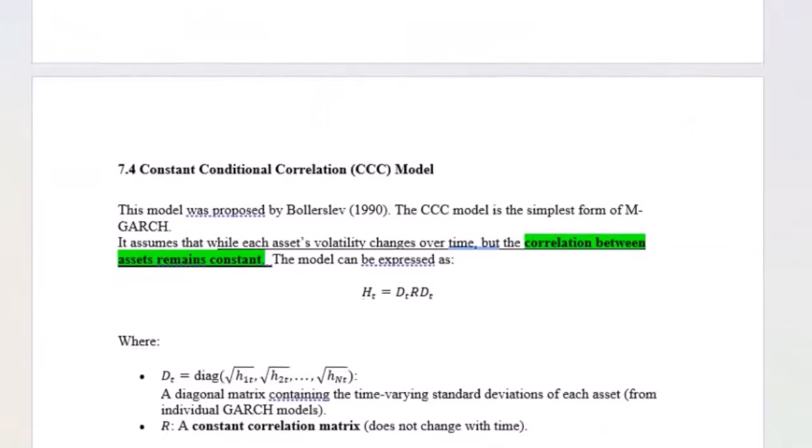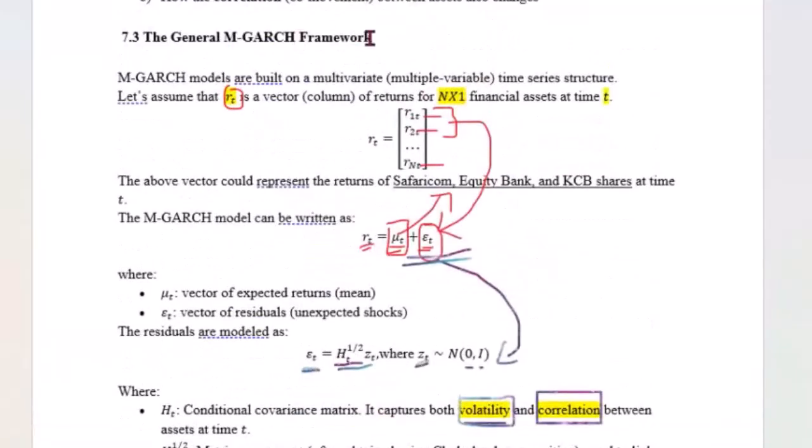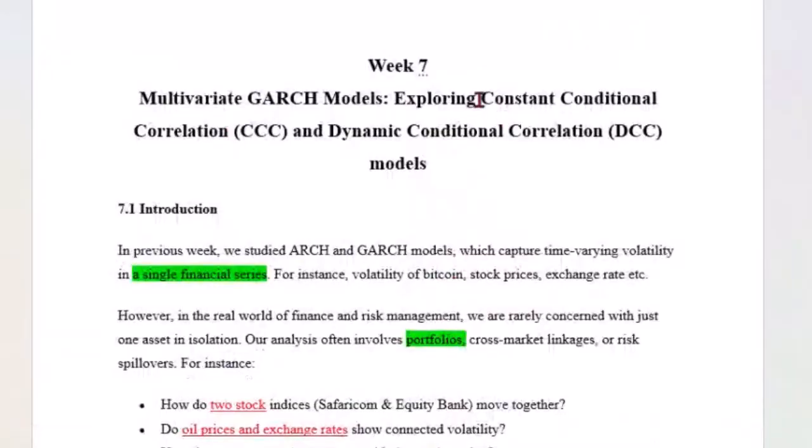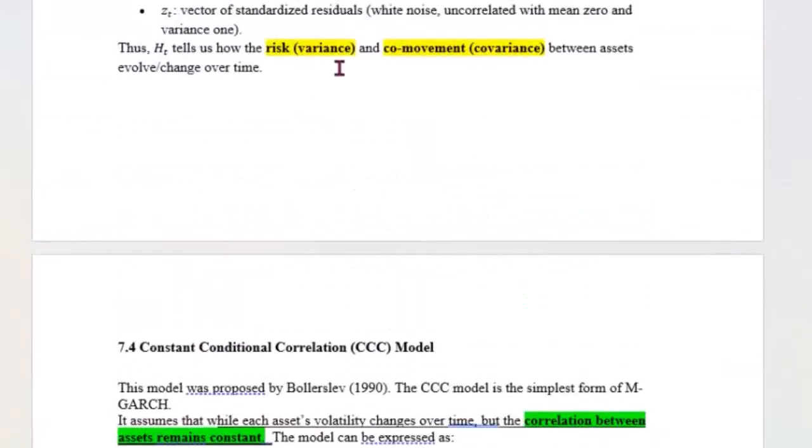What you should note is that there are two major basic M-GARCH models, which we are calling the CCC model and the DCC model.